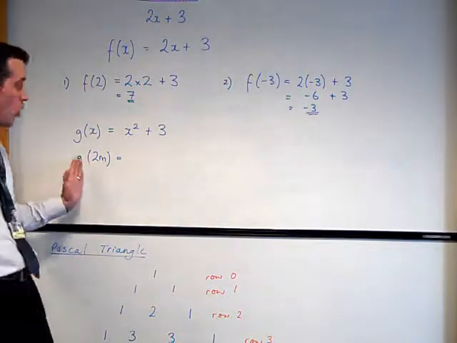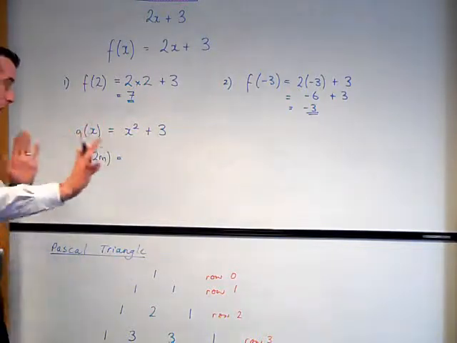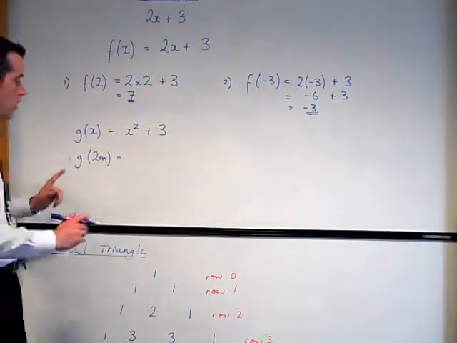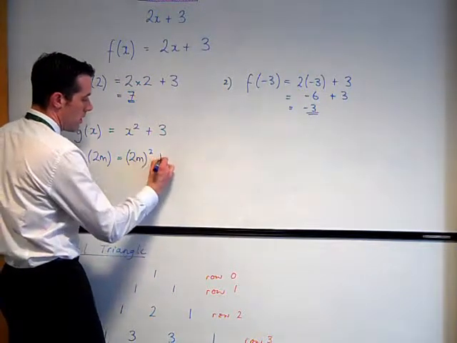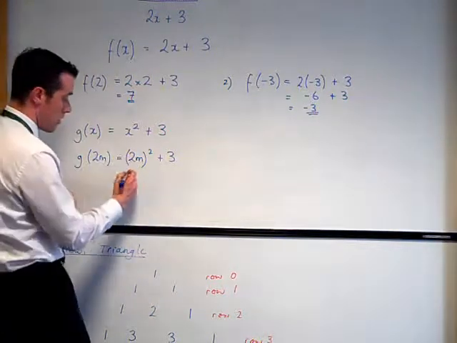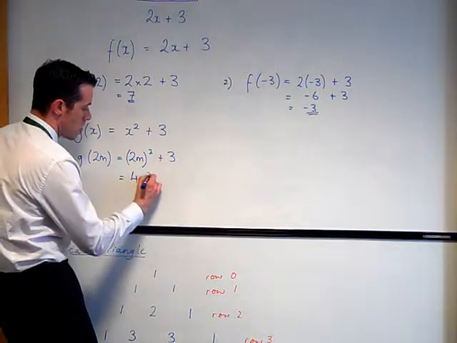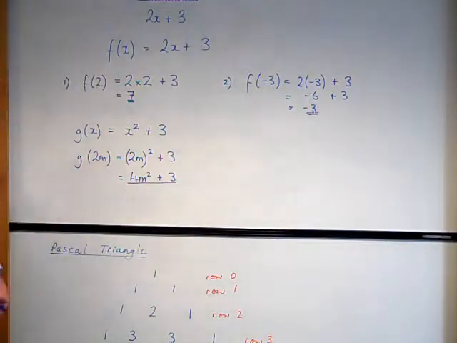How do we put 2m into a function? Well, all we do is very simply substitute the x for the 2m. So that's just going to be 2m all squared plus 3. If we work that out and simplify, 2m all squared becomes 4m squared plus 3, and there's our answer.